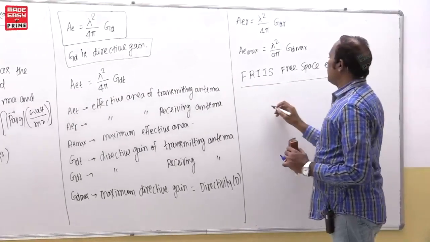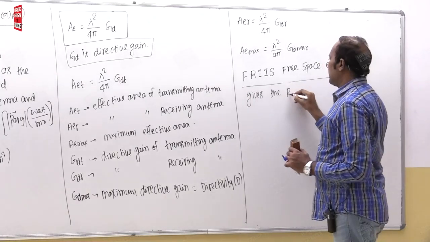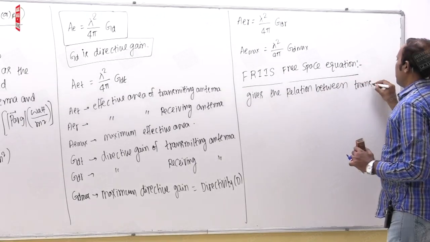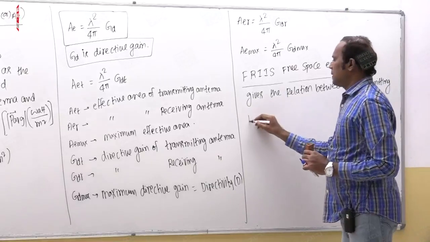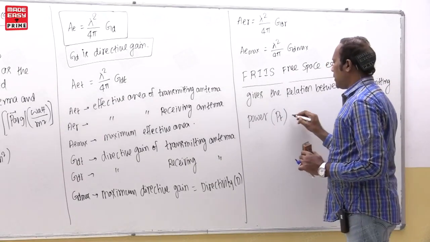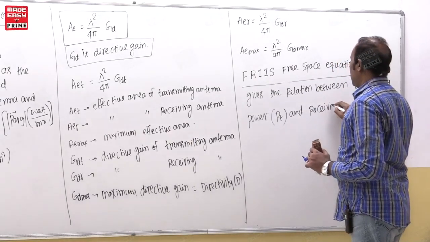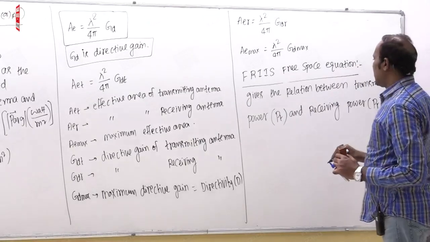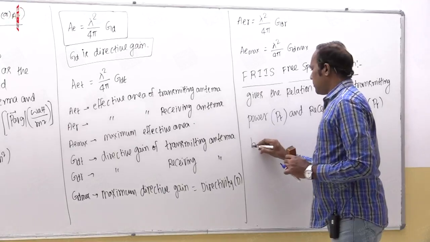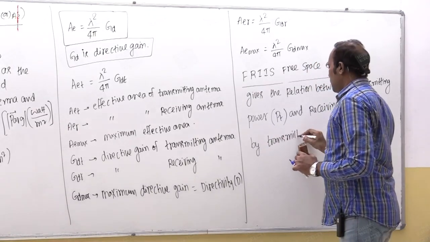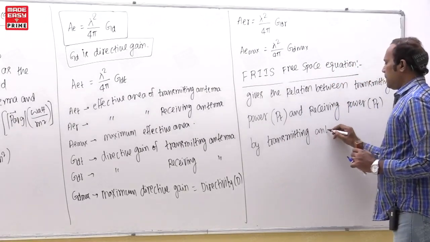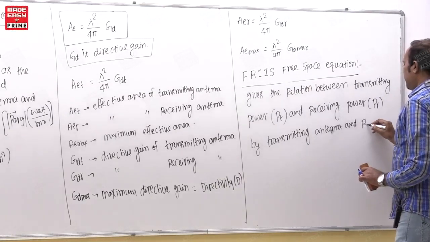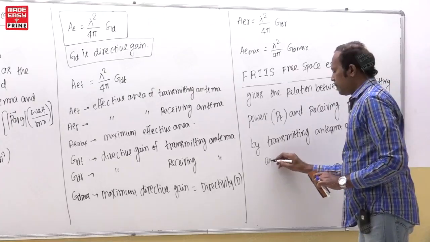Actually, the free space equation gives the relation between transmitting power and receiving power by the transmitting antenna and receiving antenna.